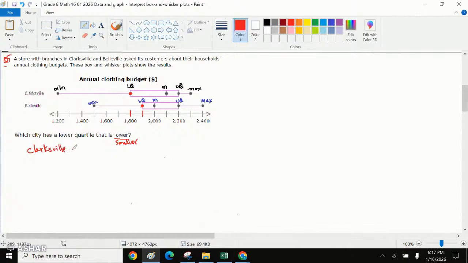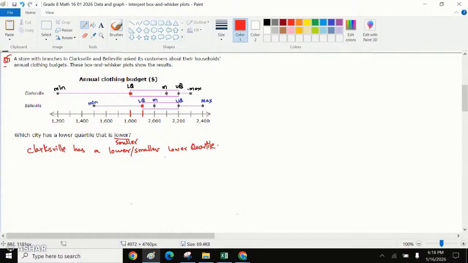Clarksville has a smaller lower quartile. That means their lower 25% are spending less money, right?